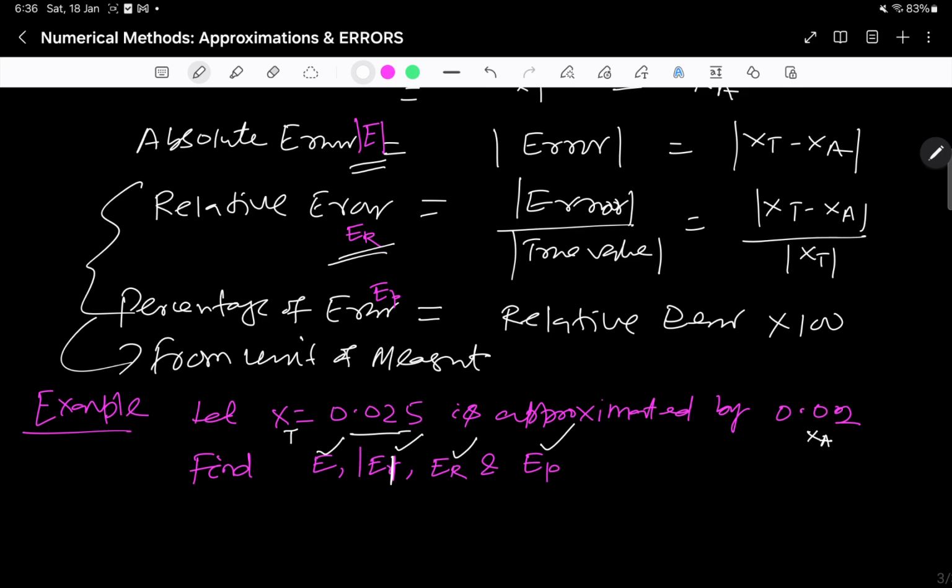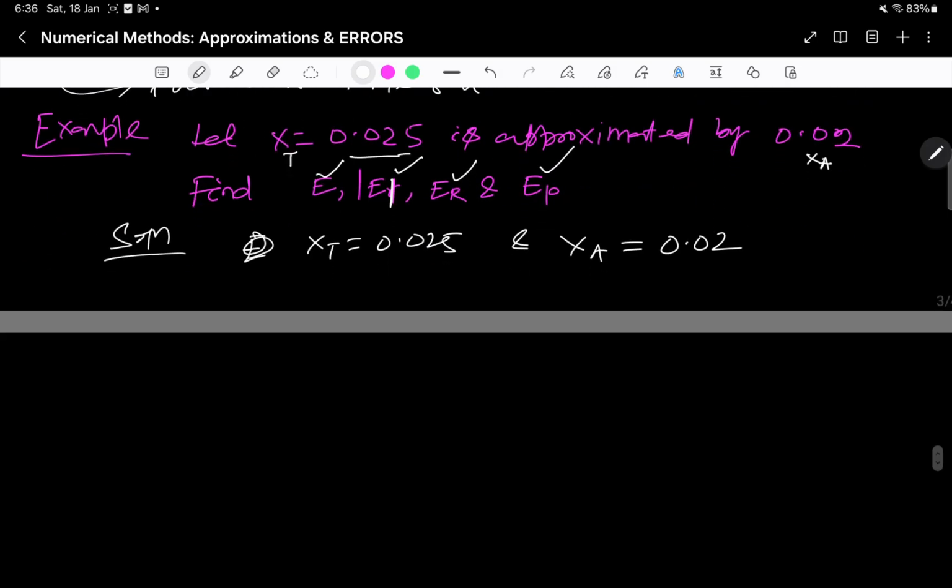Coming to the solution, here xt is equal to 0.025 and xa is equal to 0.02. So what is your error? Your error is xt minus xa, 0.025 minus 0.02, so this will be 0.005.